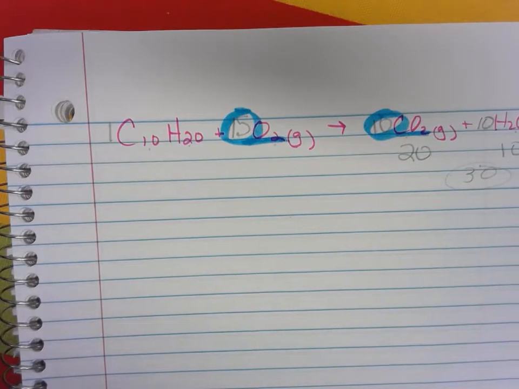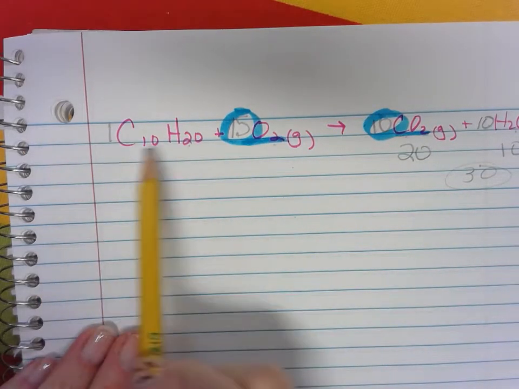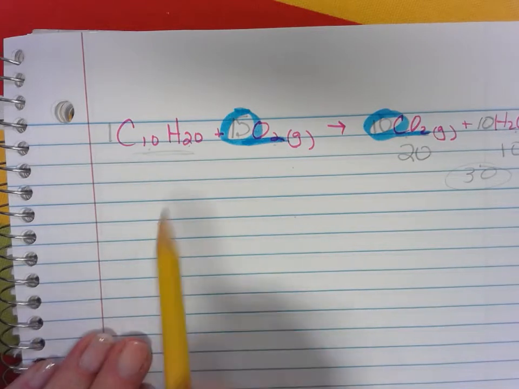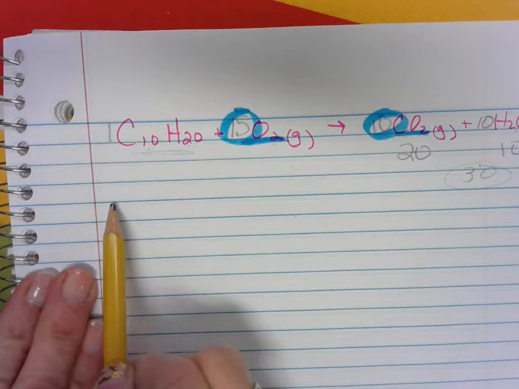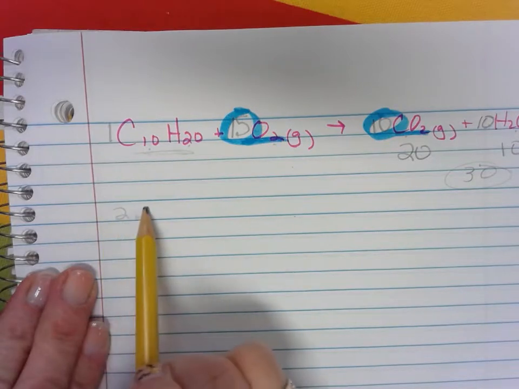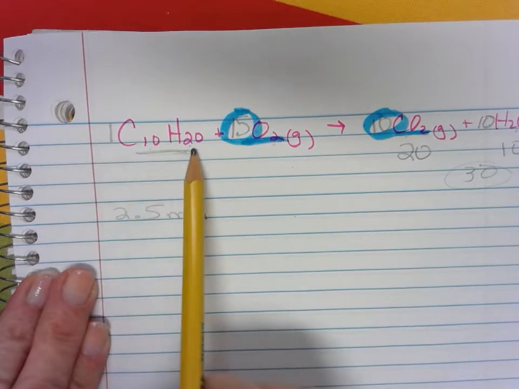We might as well take it one step farther than that and turn this into a little stoichiometry problem, which we're getting ready to do a lab on. Not necessarily with this particular compound, but let's assume that we've got 2.5 moles of C10H20.